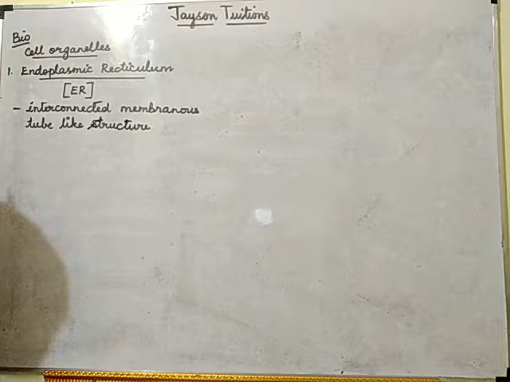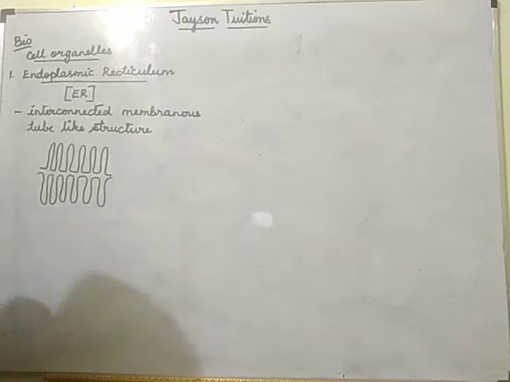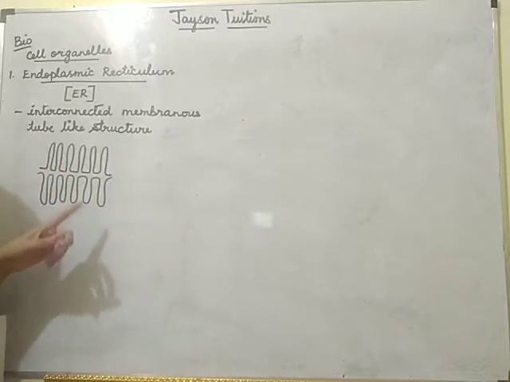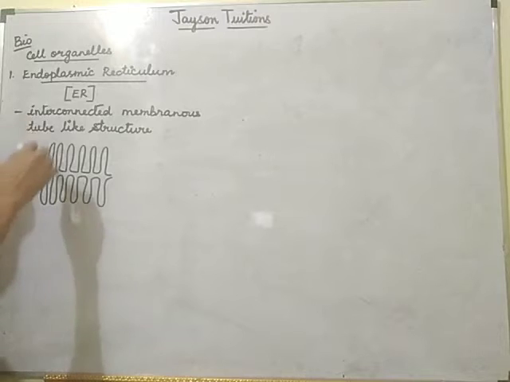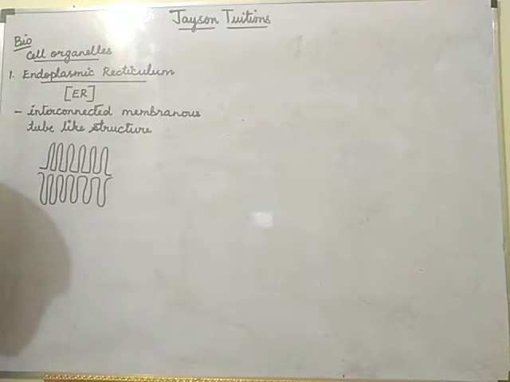Interconnected membranous tube-like structure means it will be like this. So many tubes connected together. This is how an endoplasmic reticulum will look.